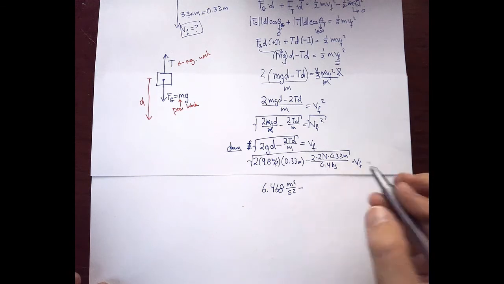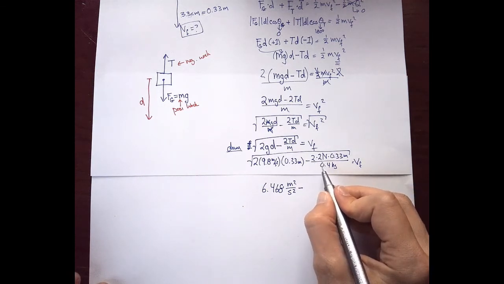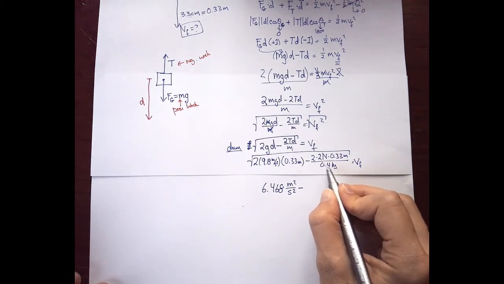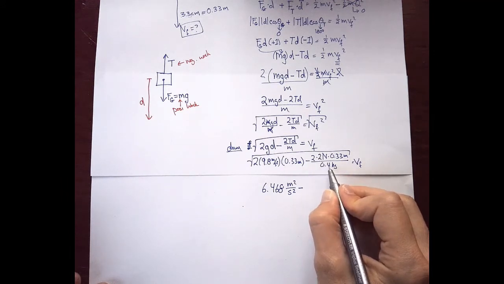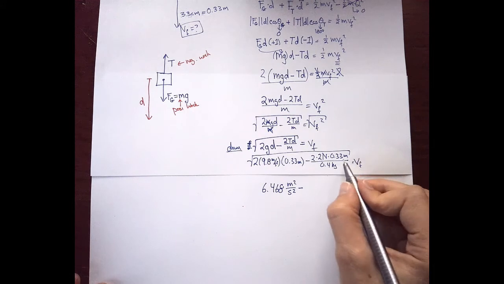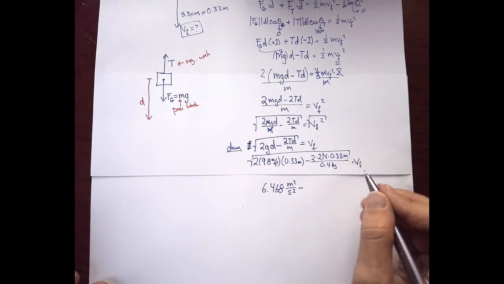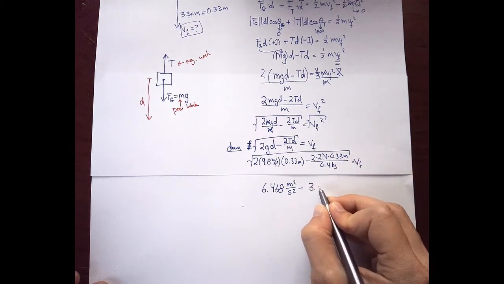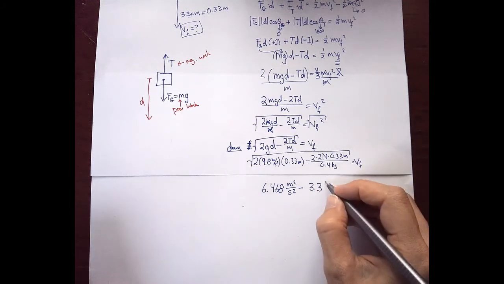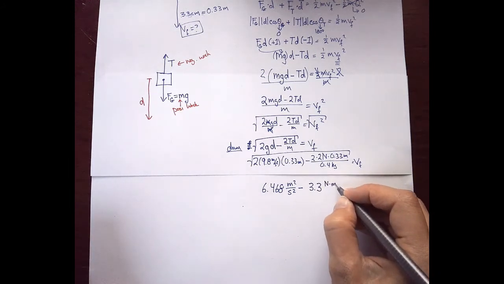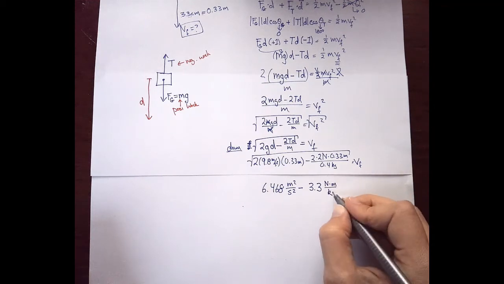Minus the second term, 2 times 2 over 0.4, so that'll be 4 over 0.4, so over 0.1. So then when we divide 0.33 by that, we get 3.3. You can check it with your calculator if you want. And then newtons times meters over kilograms.